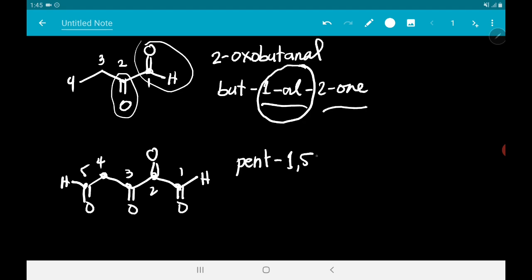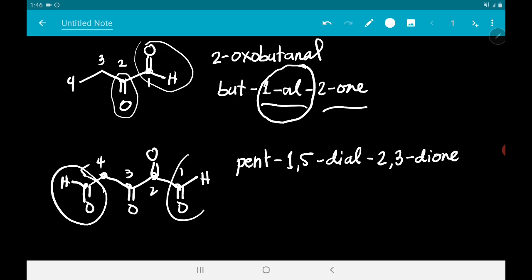Pentane-1,5-dial. Okay? And 2,3-dione. Okay? So, that's how you name it. That is the naming when you have many carbonyl groups or carbonyl functional groups in the structure.